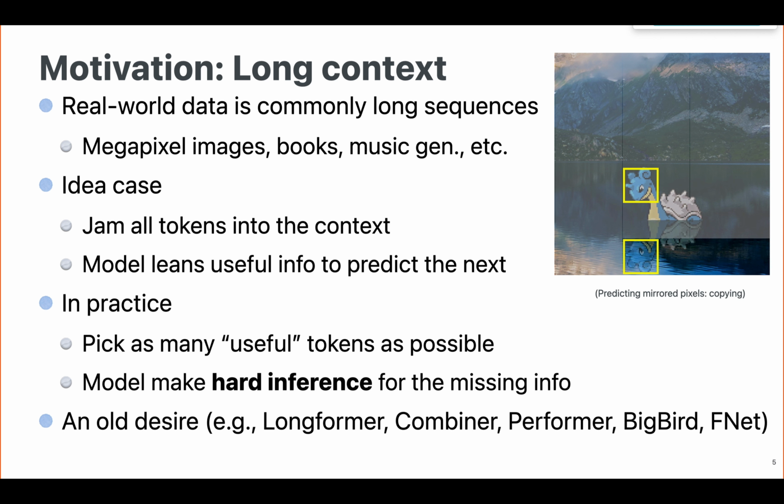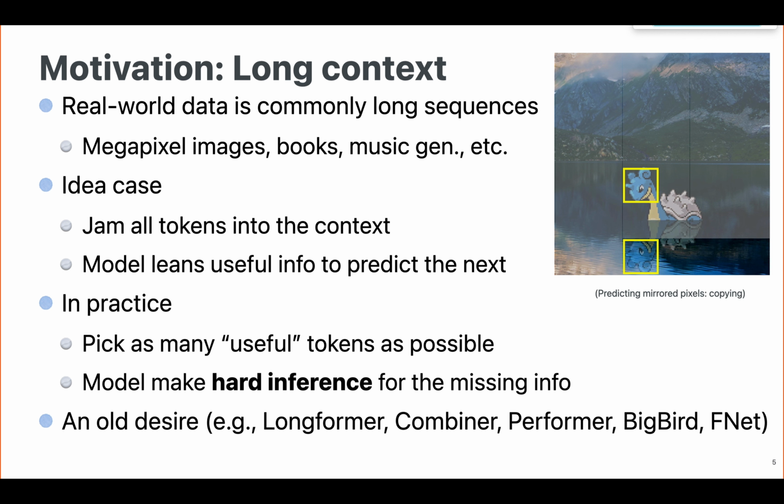In the real world, data is sometimes long sequences, for example high resolution images, books, music generation. In the ideal case, we would cram all the tokens into our context so that the model can pick up whatever it wants to learn the useful information to make the prediction. But in practice, we need to pick smartly the useful tokens to fit into the limited context.